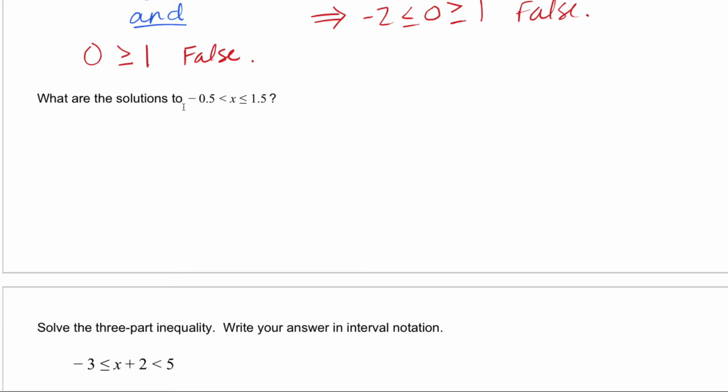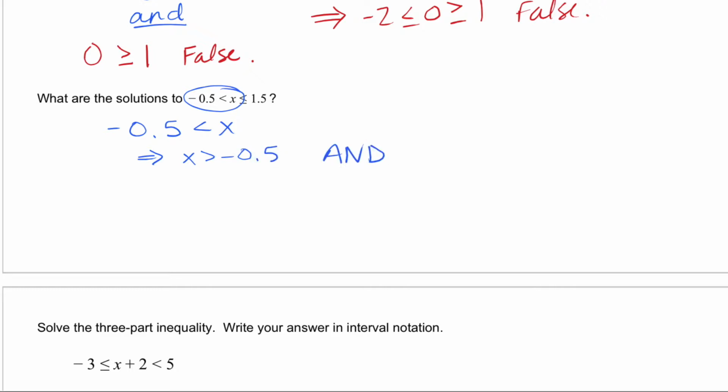What we're really interested in is when we have this algebraic statement, for example, -0.5 less than x less than 1.5. When we see this, we're looking at solutions to x that work in both of these inequalities because this is an and. So it has to work in the inequality -5/10 less than x, which we know is the same as x greater than -5/10.